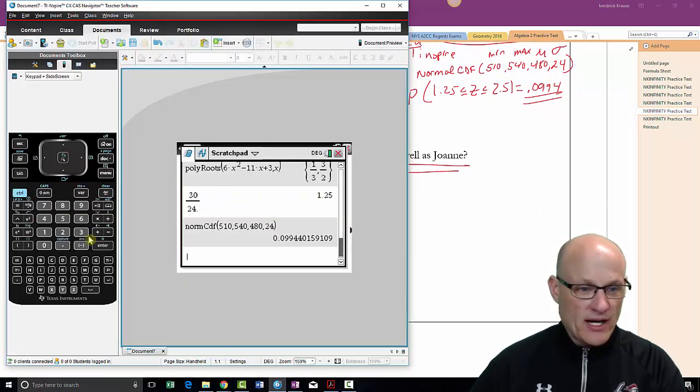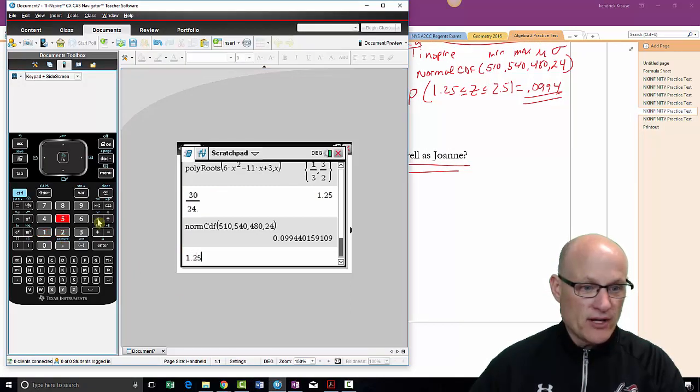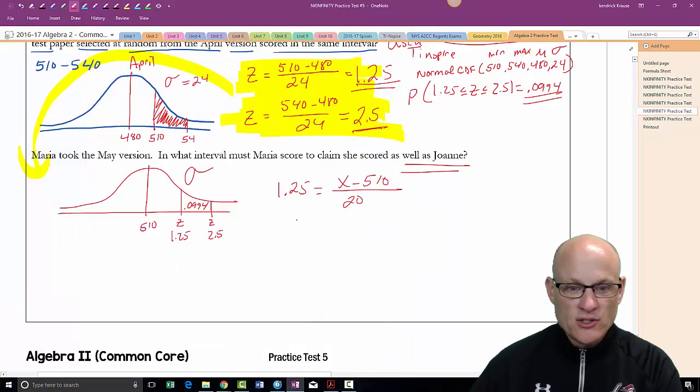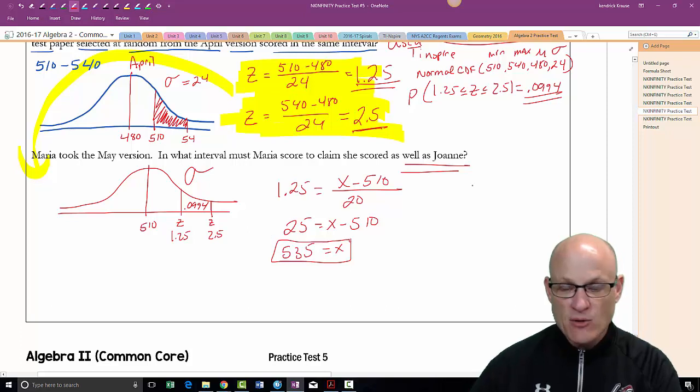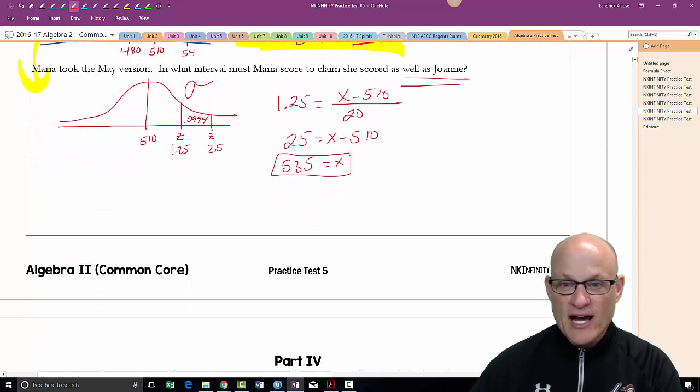So if I take 1.25 and multiply it by 20, you get 25. So 25 is equal to x minus 510. Add 510 to both sides, so the low end she needs to get is 535. Now we're going to do the same thing, but for the high end. 2.5 is equal to x minus 510 over 20.